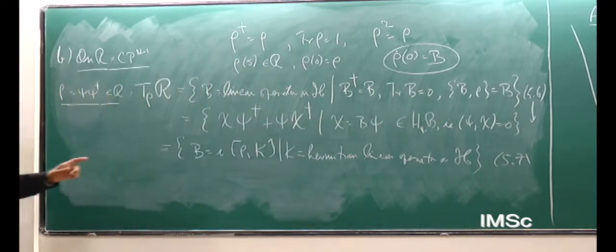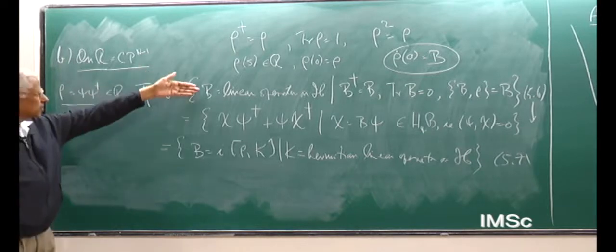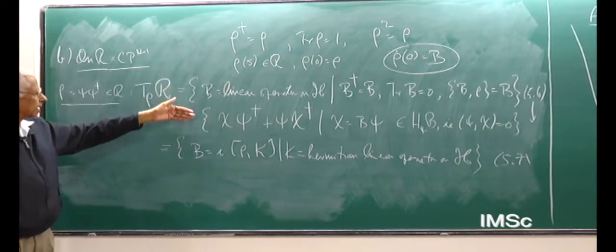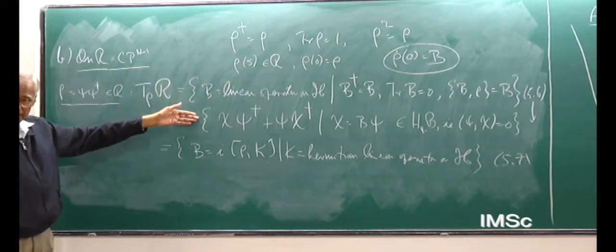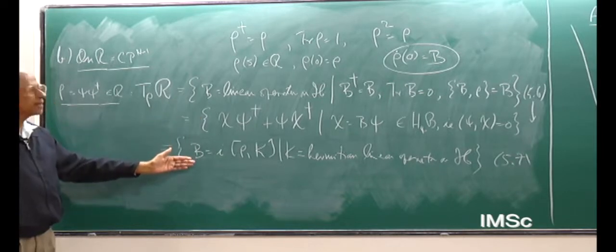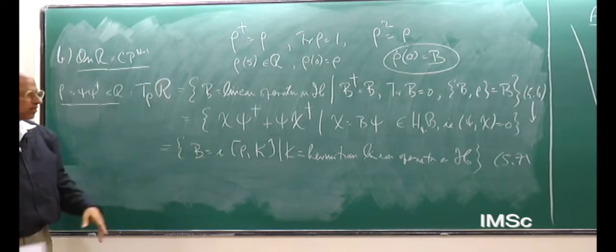So every element in the tangent space to ray space can be described in this way by defining properties, can be described in this way by explicit display of such vectors, and it can also be described in this third way, and they are all equivalent.